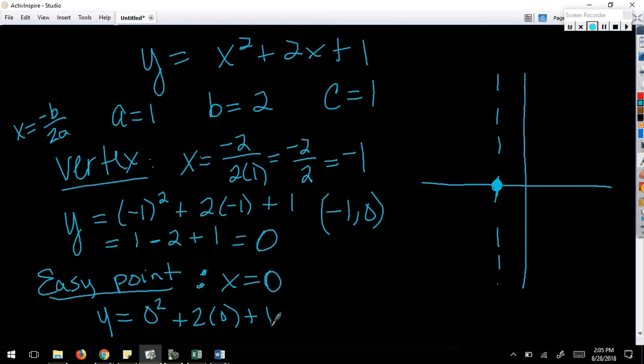You see why 0 was easy there? What does that give you? 1. 0 squared is 0, 2 times 0 is 0, and then the 1. So the coordinates of my easy point here are 0, 1.